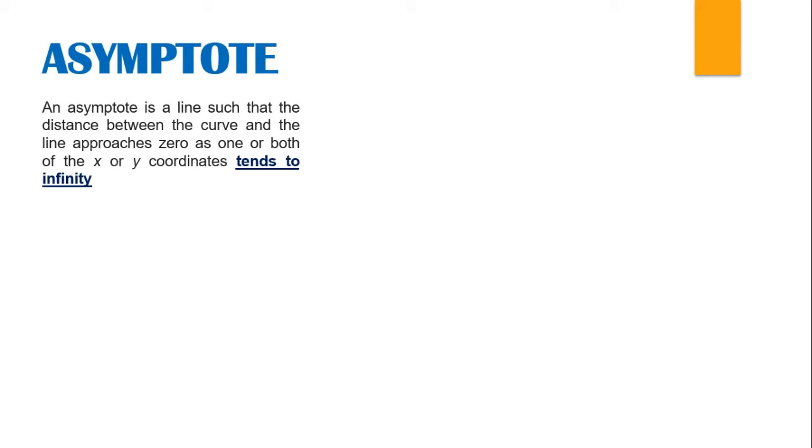Remember, asymptote means tends to infinity. Okay, so no intersection. Asymptote lines mean no intersection, but tends to infinity.